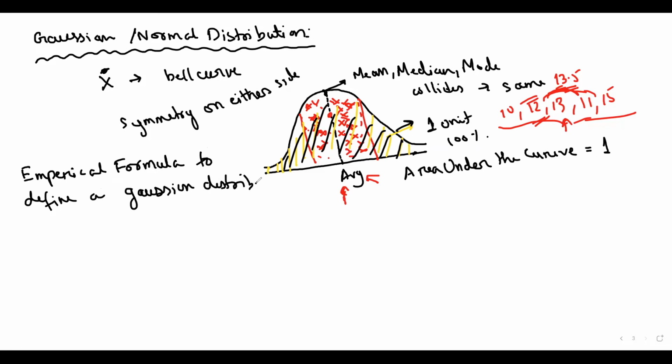Let me draw the curve again. Let's say this is the axis. Just assume this is a Gaussian distribution curve.